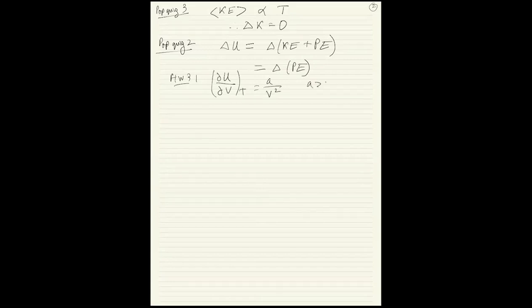If a is positive, this means that partial U by partial V at constant T is positive, right? Which means that U increases as V increases. The rate of increase in U as V increases goes down. As V tends to infinity, partial U by partial V at constant T tends to 0.